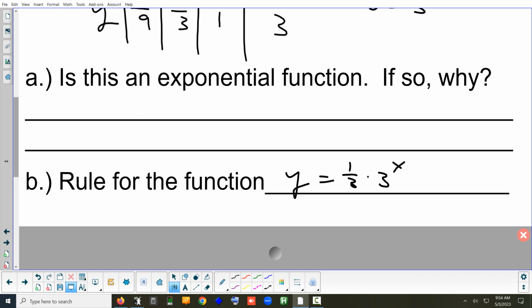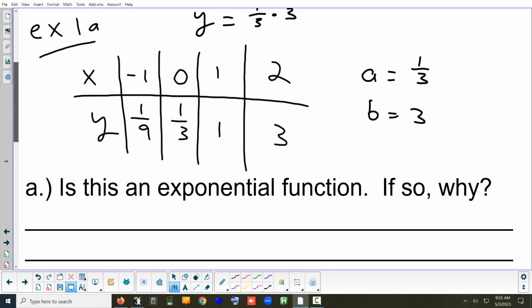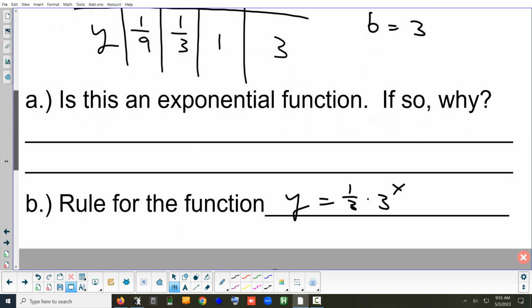And can somebody tell me why was it exponential again? Why wasn't it a straight line where we would use like y equals mx plus b? Yeah. Because the y is being multiplied. So is this an exponential function? Yes.